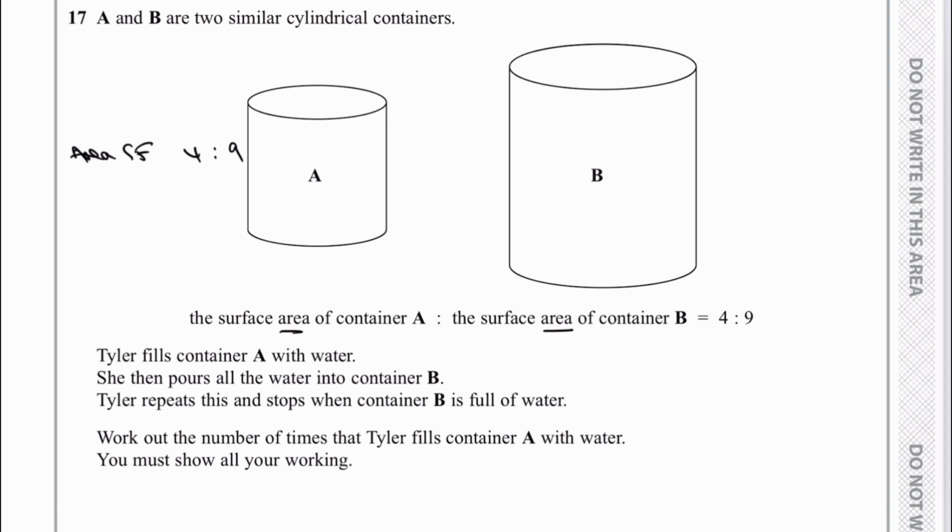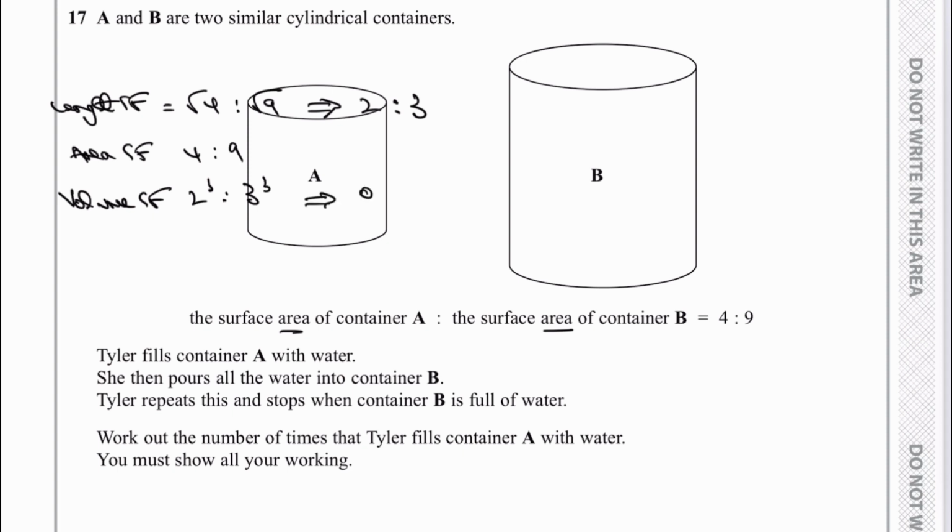Now therefore it means the length scale factor is going to equal the square root of 4 to the square root of 9, which is actually going to be 2 to 3. That's an important bit of this. It can also use the volume scale factor, which is going to equal 2 cubed to 3 cubed, which is going to give us 8 to 27.